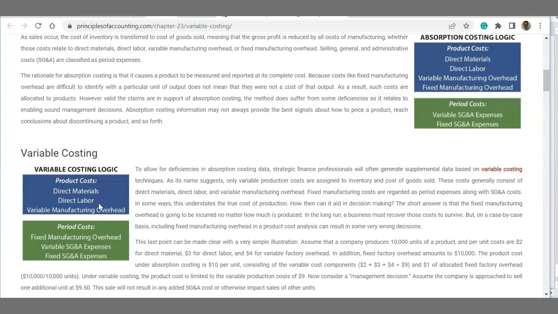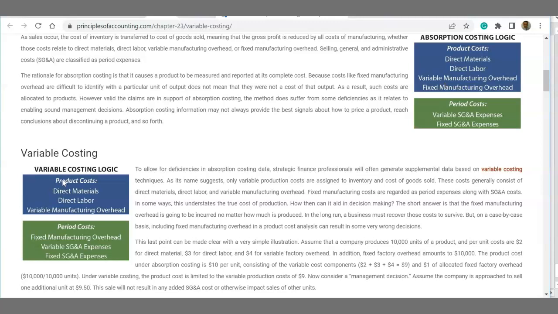So in variable costing, we have product cost, which includes direct material, variable cost, direct labor, again variable cost, and variable manufacturing overhead, which is variable cost. So as you see, the product cost is just the variable cost. But under absorption costing, the product cost was variable cost plus the fixed part of the overhead, which is normal, right? You say overhead is overhead, doesn't matter if it's variable or fixed.